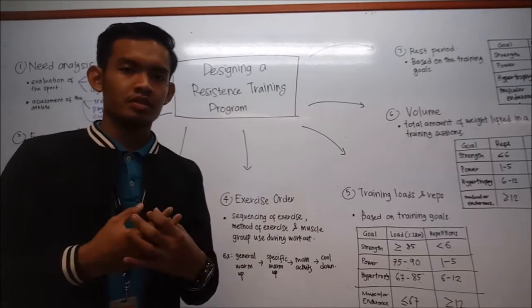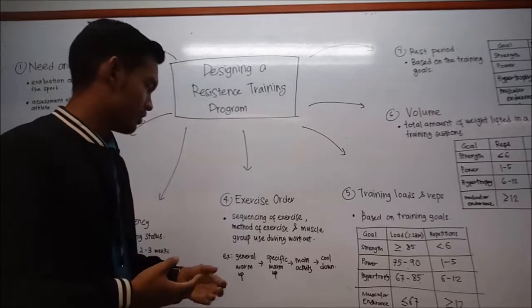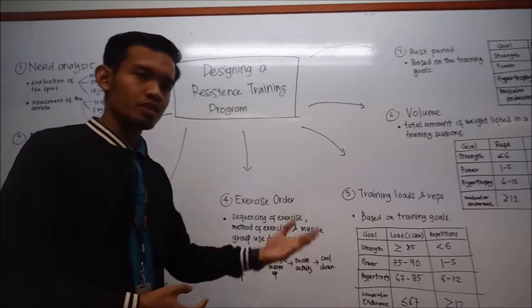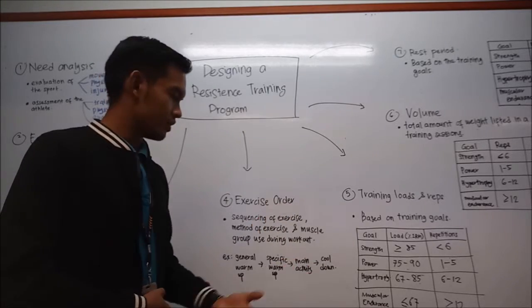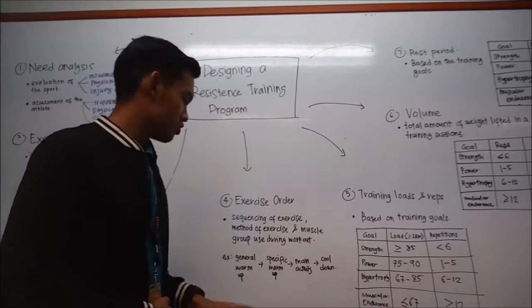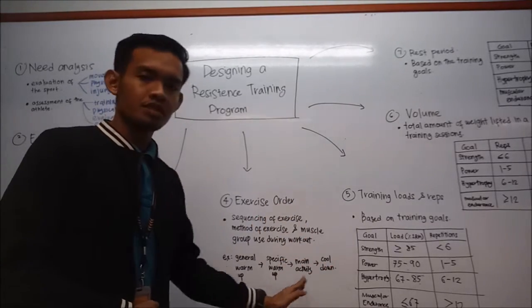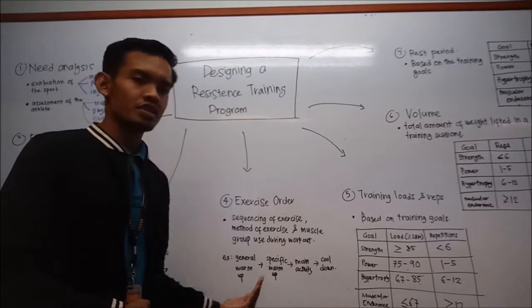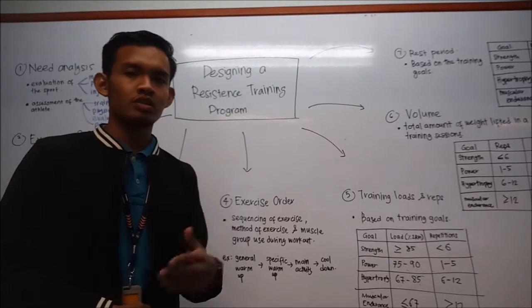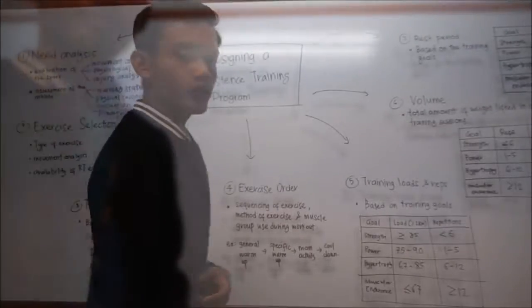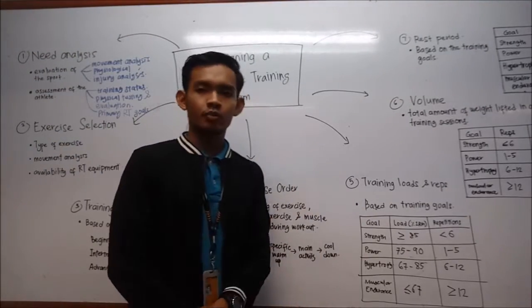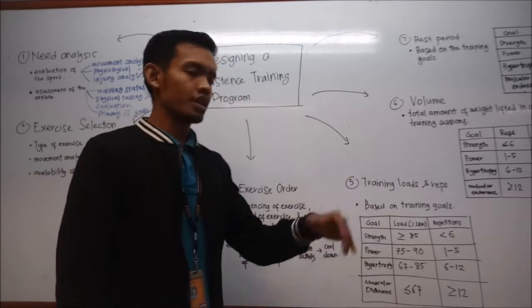I explain it in a simple way, which is before we start exercise, we start with the warm-up, specific warm-up, main activity, and cooling down. So this flow shows the exercise order that you need to do in your training program.